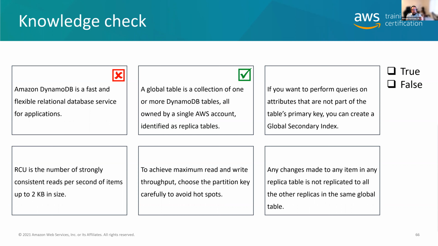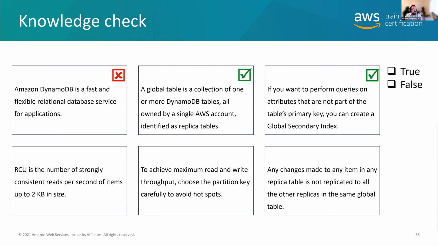Can I change the primary key in a global secondary index? Is that true or false? Yeah, that's actually true. Now, if that said local secondary index, you can't change the primary key on a local secondary index. You can't change the partition key. But with GSIs, you can. So that's true.